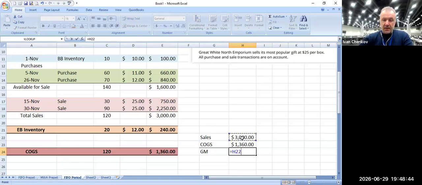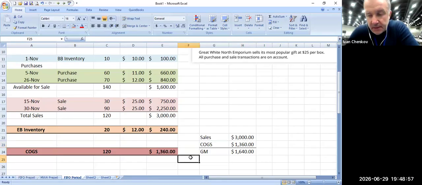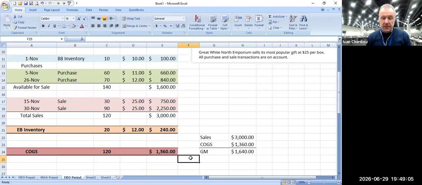What's the conclusion that we can make? There's no difference between first in, first out for the perpetual and periodic. The only difference is in the perpetual system, after every sale, we have to calculate cost of goods sold, whereas in the periodic, at the end of the month. And we're done with this.